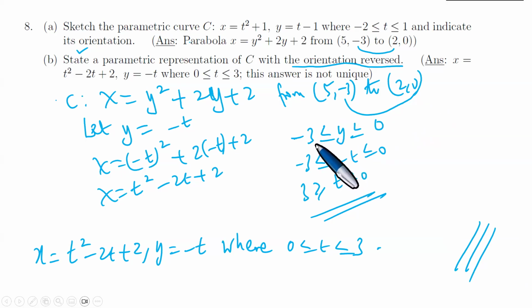So y becomes therefore a map from minus 3 to 0. So x therefore becomes the same as, if x is y squared plus 2y plus 2, y is minus t, then you'd have minus t squared plus 2 into minus t plus 2, which is t squared minus 2t plus 2. Okay, so that's what we're getting.